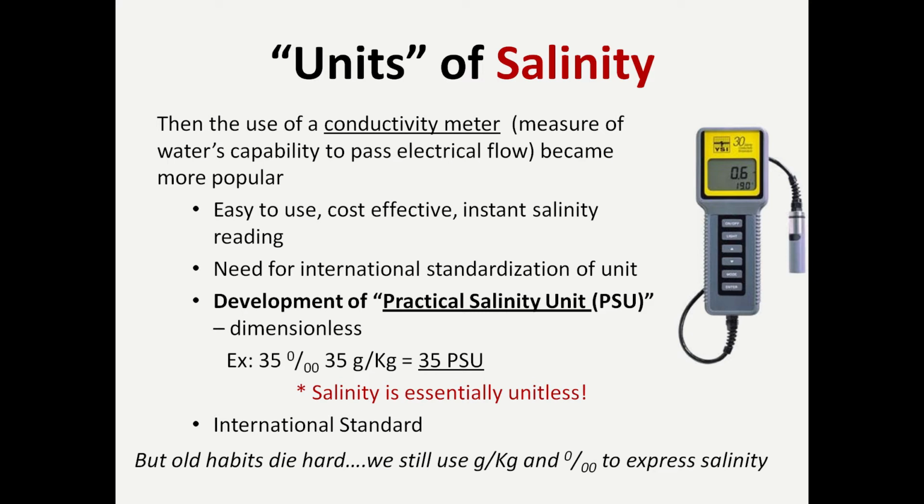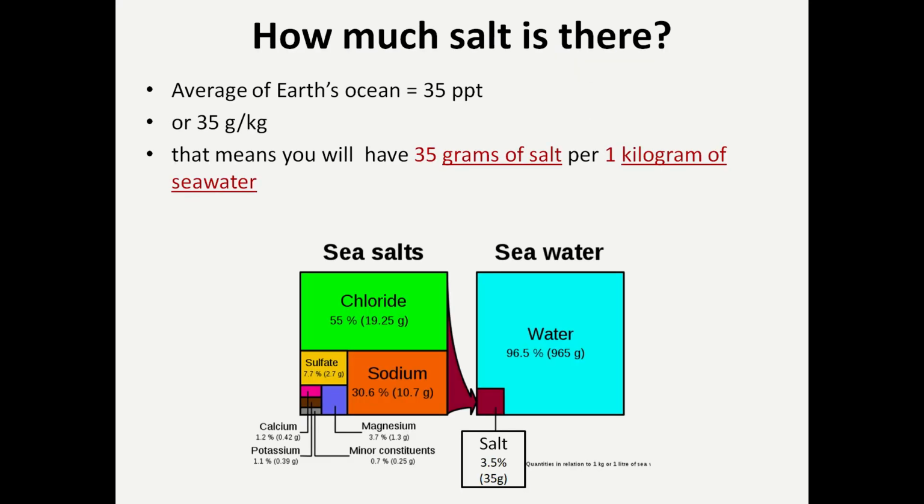However, they did create the need for an international standardization of salinity units. Therefore, the development of the Practical Salinity Unit, or PSU, was introduced as an international standard. However, grams per kilogram, or parts per thousand, are often still used to express salinity. So how much salt is there?